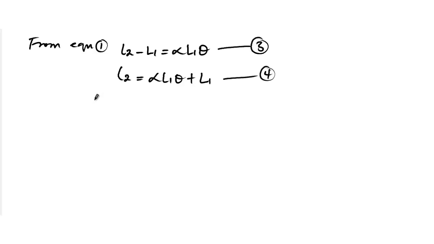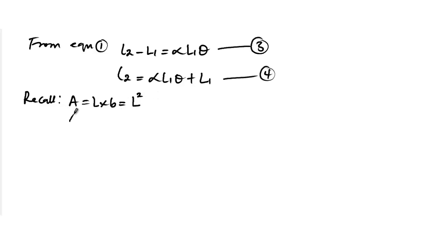Now, we know that the area of a square material is given by A, which is equal to length times breadth. We can also express it in terms of length, that is L square. That's length times length.